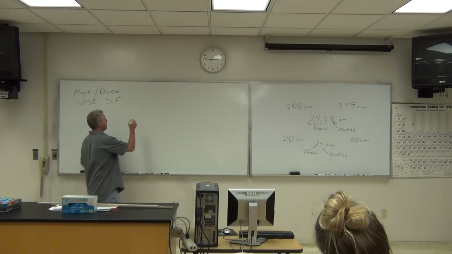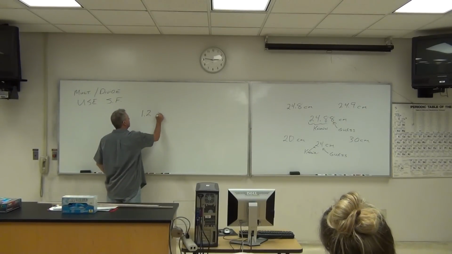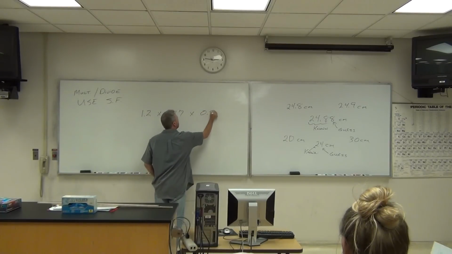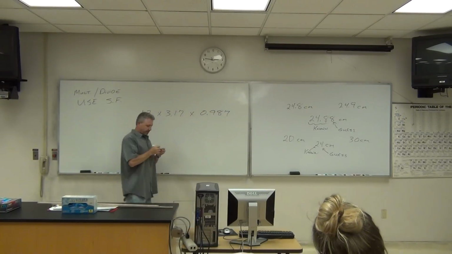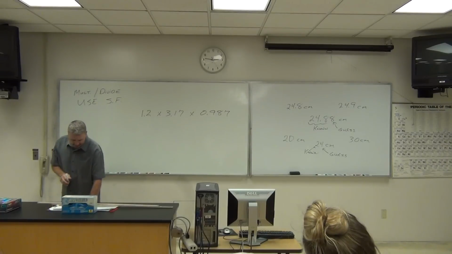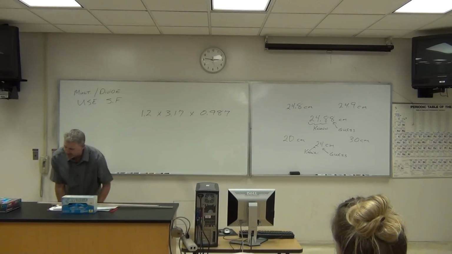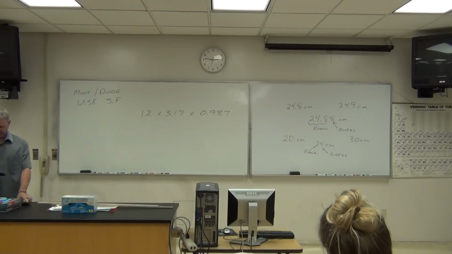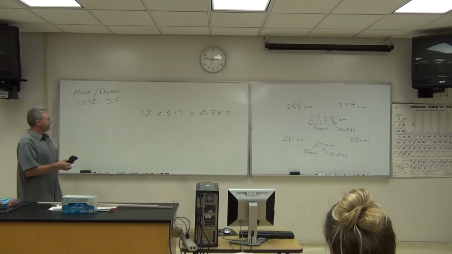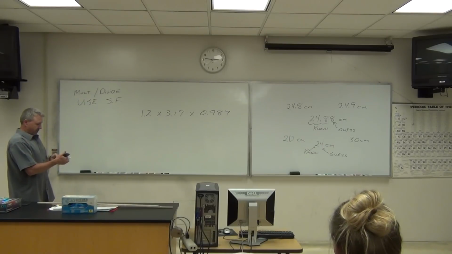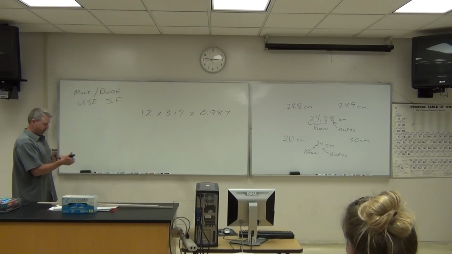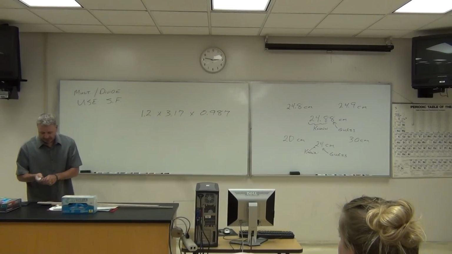So say that we had this mathematical operation. Say that we want to multiply these numbers together. Okay? I have 1.2 times 3.7 times 29.86.